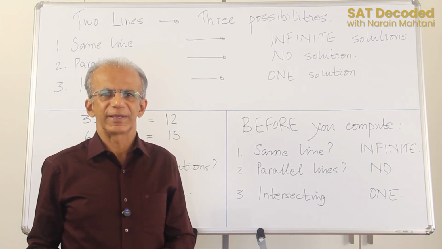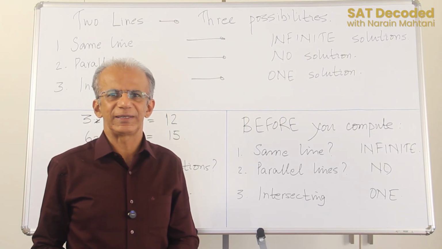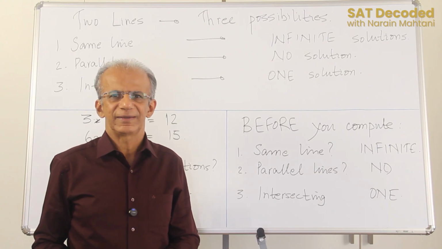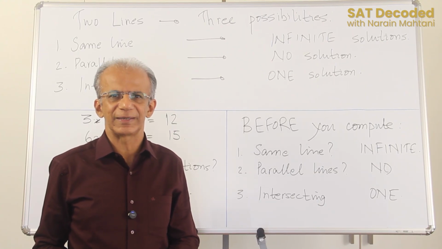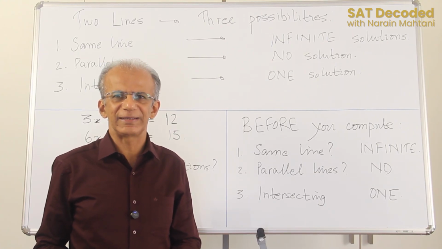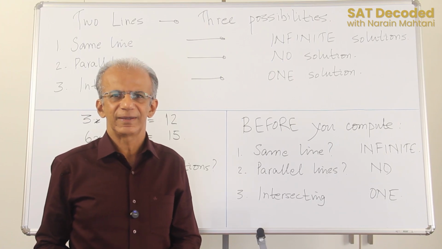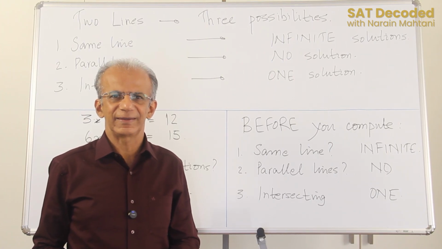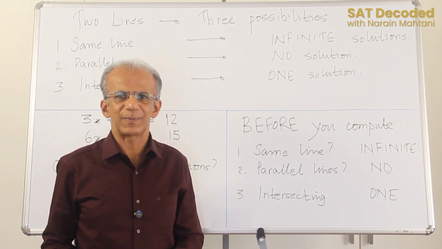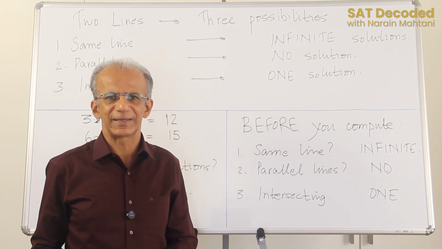So let me bring this together. Every system of two linear equations and two variables represents two lines in the coordinate plane. And these two lines can only relate to each other in three ways. They can either intersect at one point, they can be parallel, or they can be the same line.